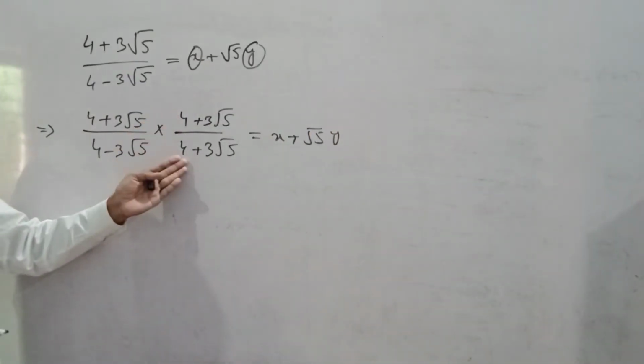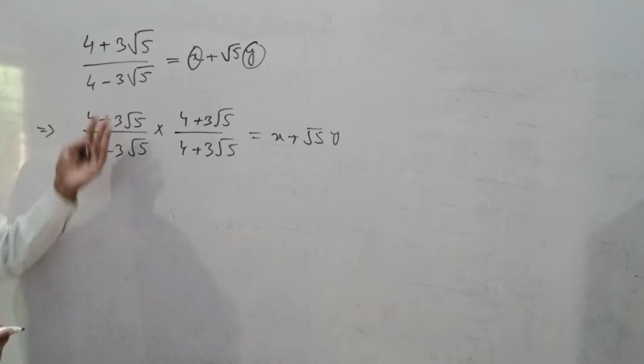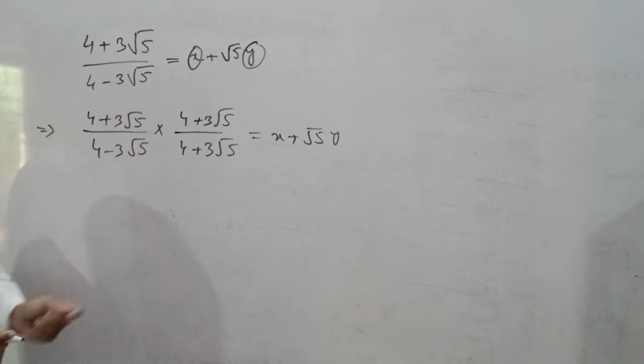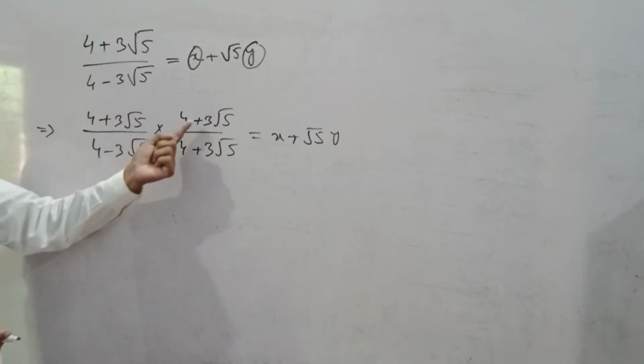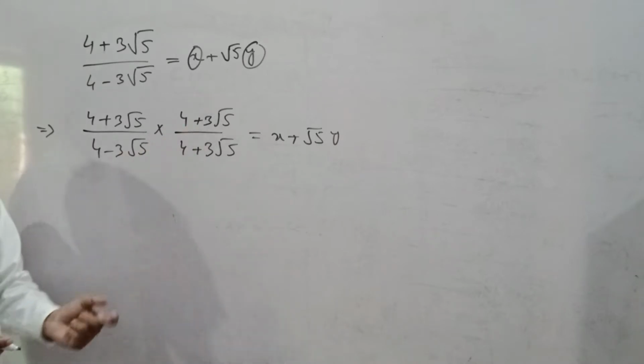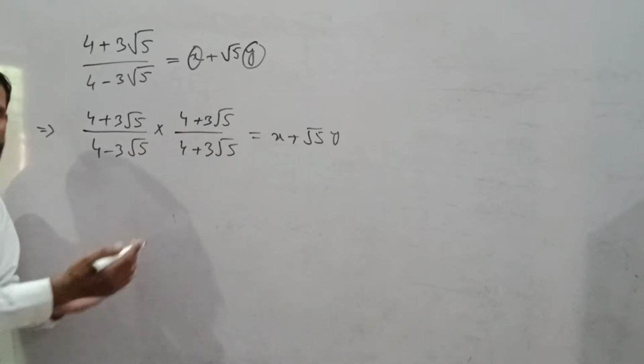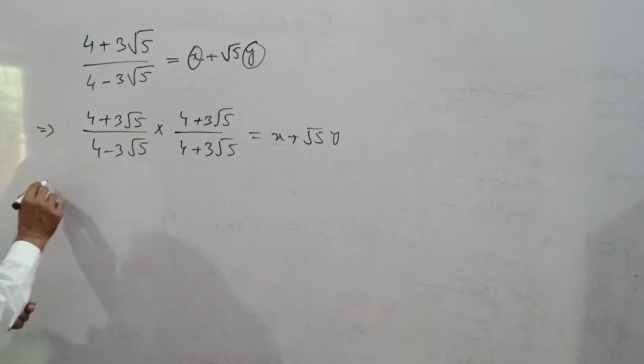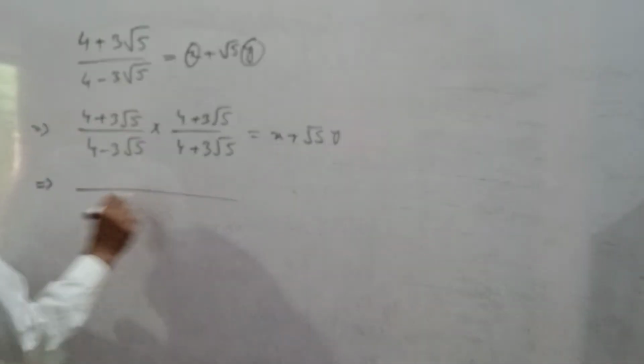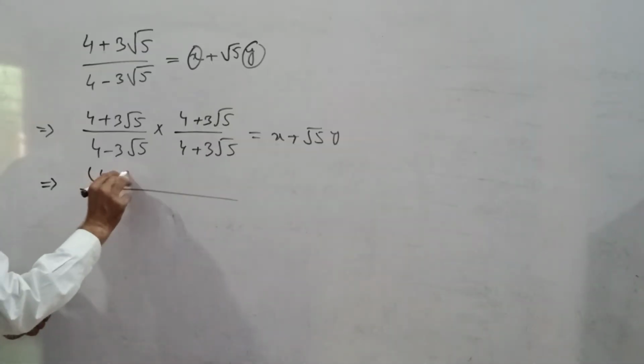As the first step, in the denominator of the given function, 4 negative 3 times square root of 5, the sign will be changed. We can write the numerator and the denominator, and then we have to simplify.